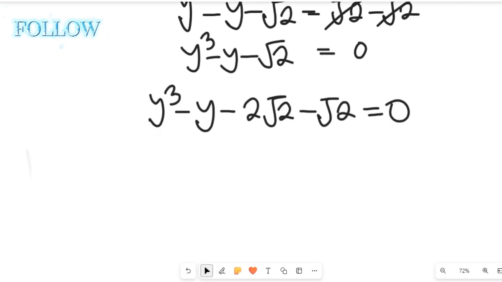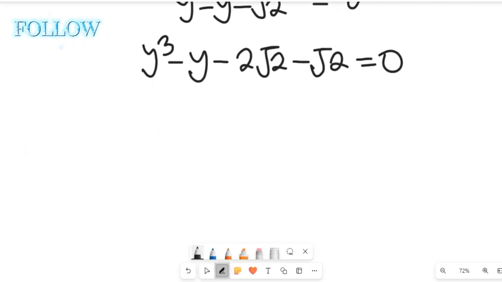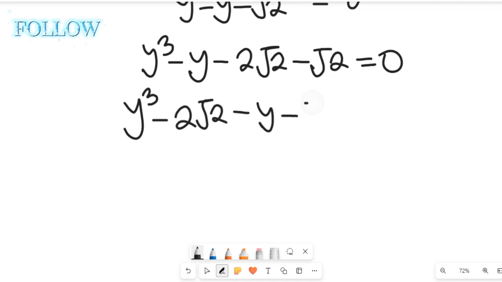Fine. So we have the task now to simplify this expression. Now, if we simplify this expression, we're going to have y to the power of 3, this will be minus 2 root 2 minus y minus root 2, and this will be equal to 0.